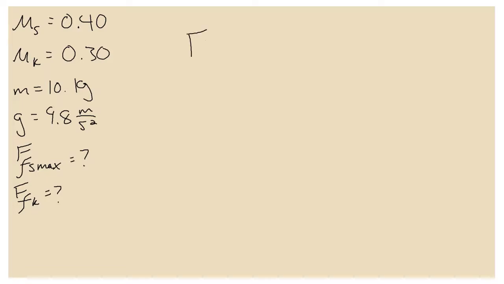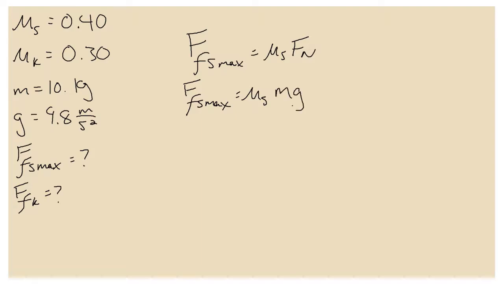And so the first thing we'll do is write down that the static friction force maximum is equal to the coefficient times the normal force. That's the equation. But of course, that's not the version we want to use. We want to use the version that says the static friction force maximum is the coefficient of static friction times m times g.